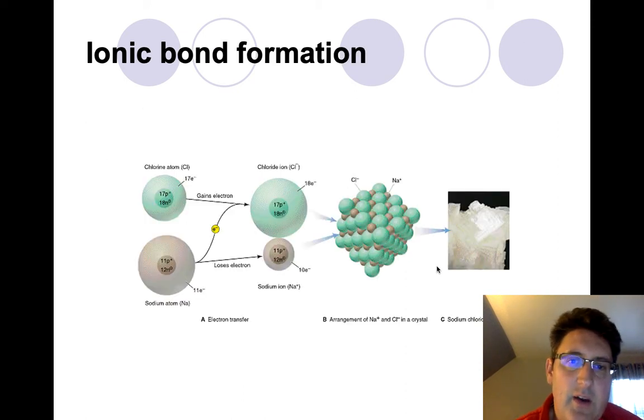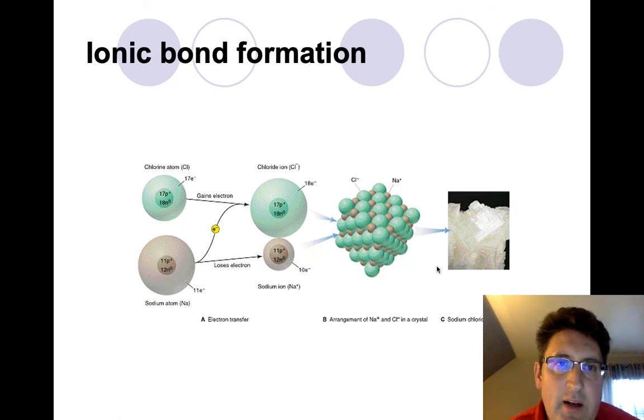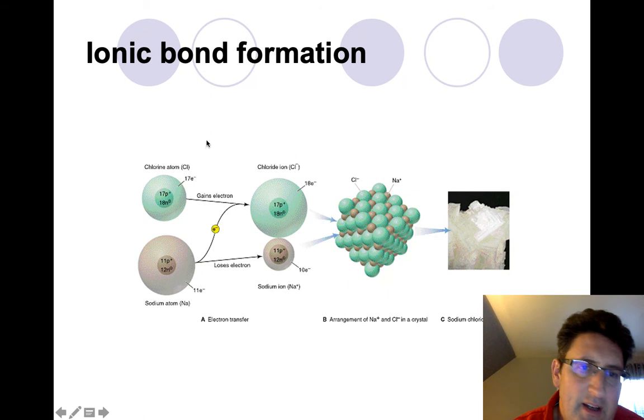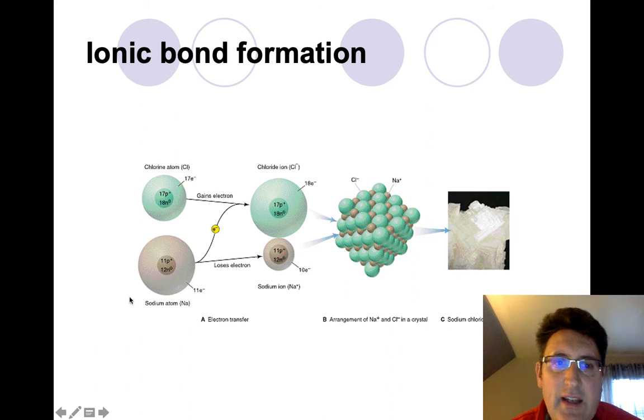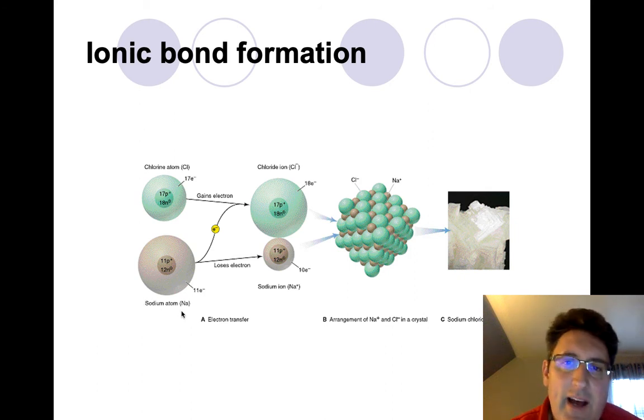Okay, so here's just a little diagram of ionic bond formation. This happens to be, like I mentioned in the 6.1 lecture, sodium chloride, probably the most common ionic compound there is. Here you have a sodium atom that has 11 protons, 11 electrons. It's neutral.